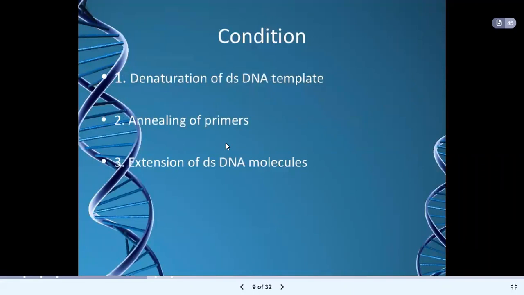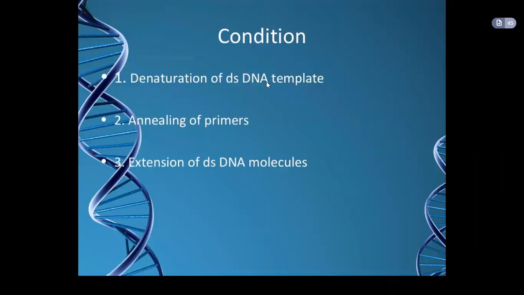Let's see the conditions. The first condition: DNA is not easily separable, so in that condition DNA should denature. Both strand 1 and strand 2 should be separated by applying optimum temperature, and after applying the temperature, the DNA strands will separate.